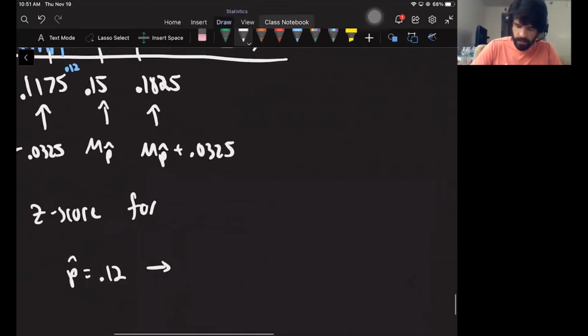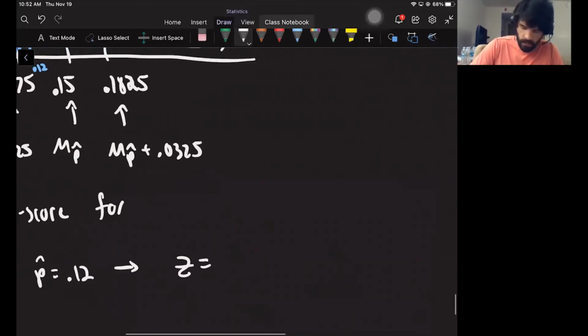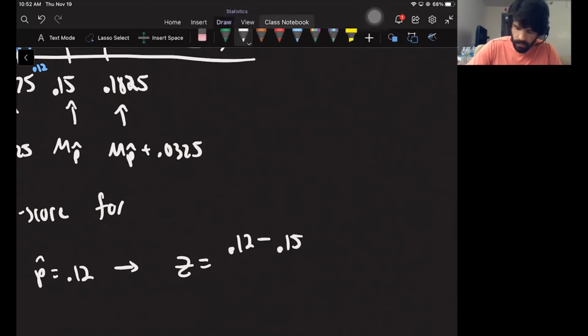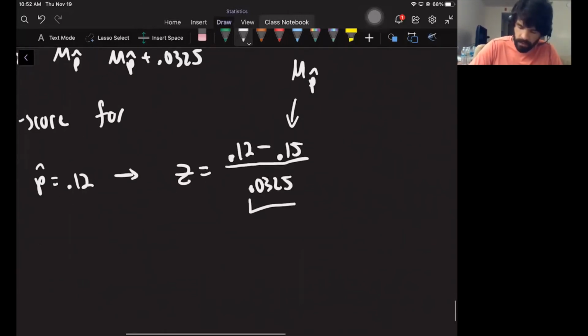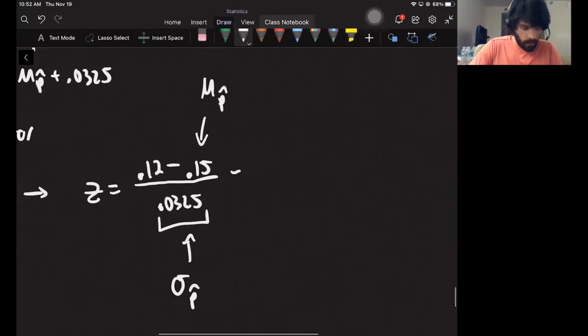And it's still the same z-score formula as always. So it's your value that you're looking at minus the mean of the distribution divided by the standard deviation of the distribution. Same formula as always. Whatever your mean happens to be in your problem, and whatever your standard deviation happens to be in your problem, it's these two things. So if you calculate this, you'll get negative 0.92.